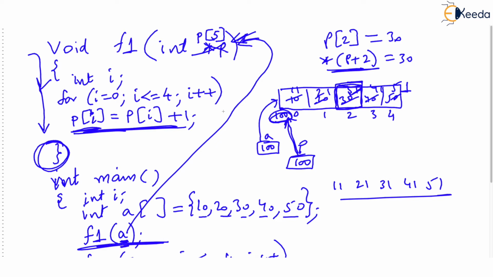One more nice feature about C language is that, suppose I have written a function f1 and there is an integer array passed to this. So I will write int p[] and the size of the array should be written here. But the nice part about C language is that, when you are writing a parameter which is an array, you can just leave the square bracket empty.